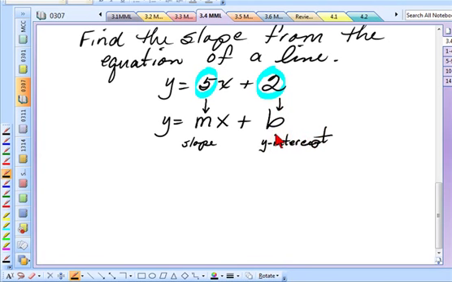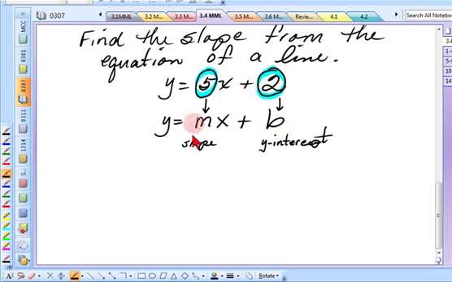So if you solve an equation for y equals, and you take a look at the coefficient of x, in this case 5, that's the slope of the line. The constant number is called the y-intercept, and you know what that is. It's where the line crosses the y-axis.